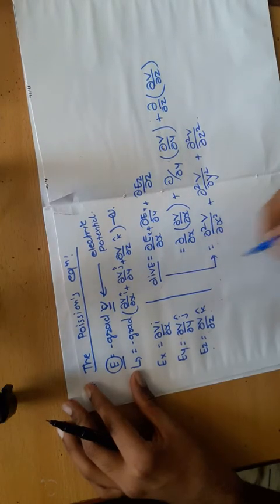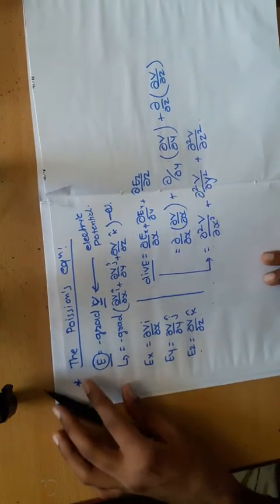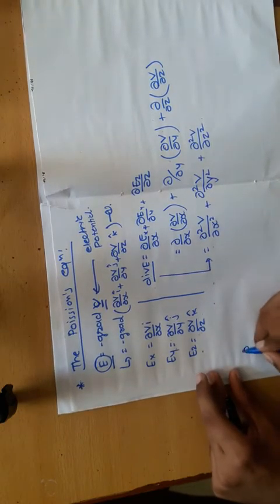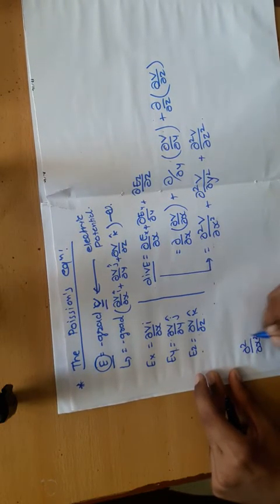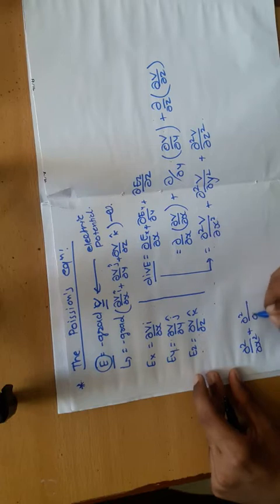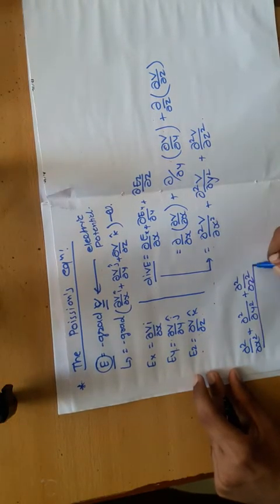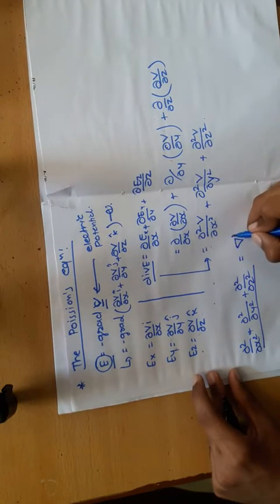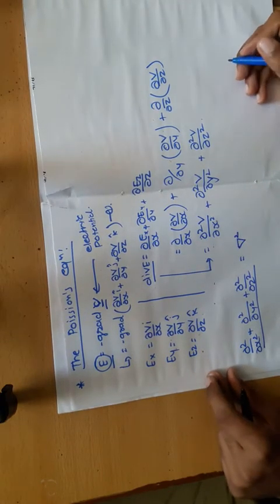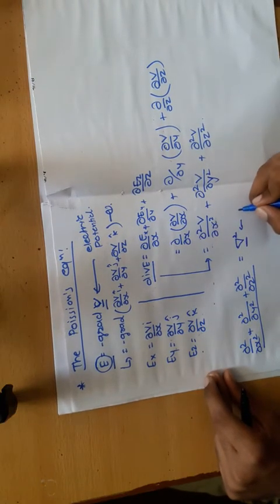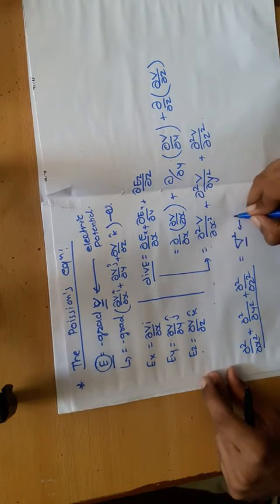So it is the divergence of E. Here I have del square upon del X square plus del square upon del Y square plus del square upon del Z square. It is known as the Laplacian operator, nabla square.